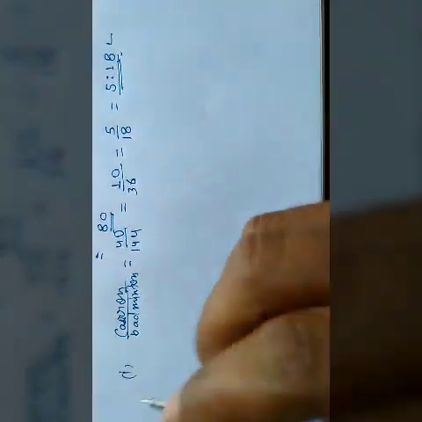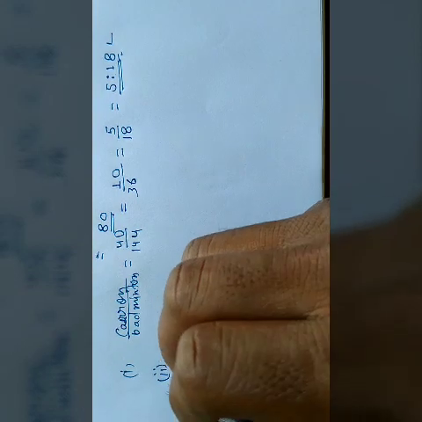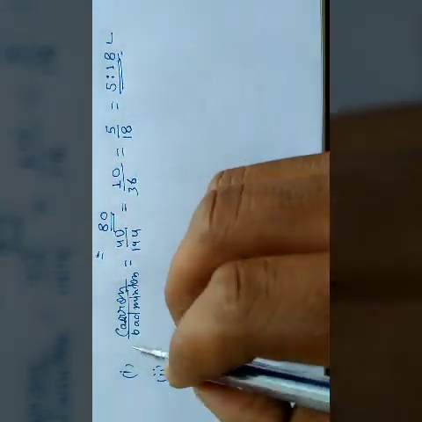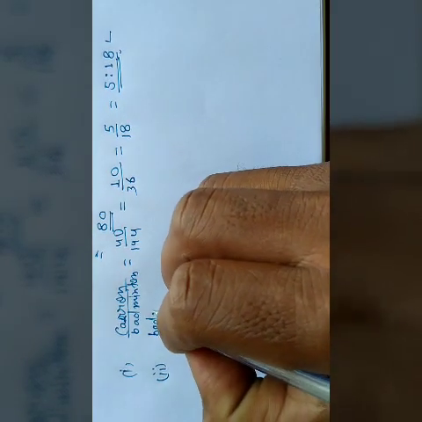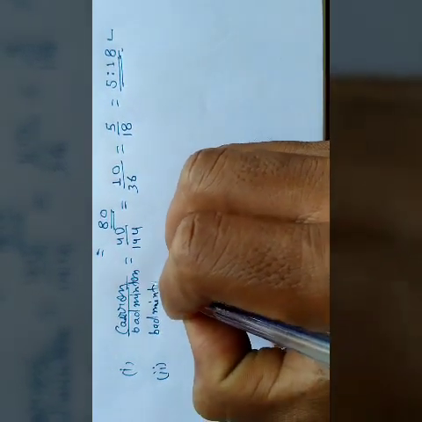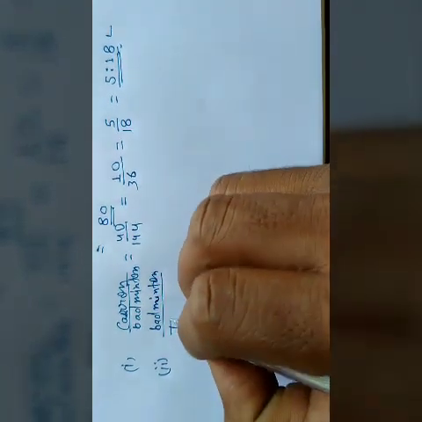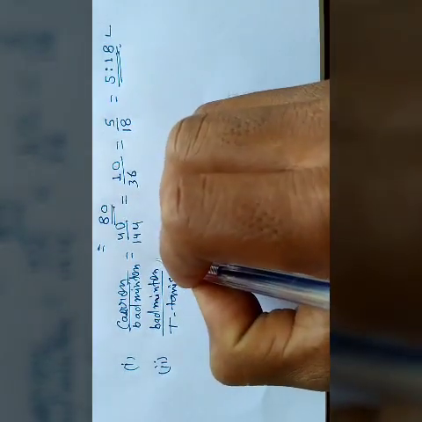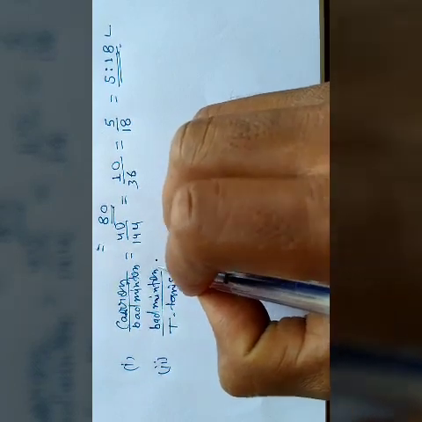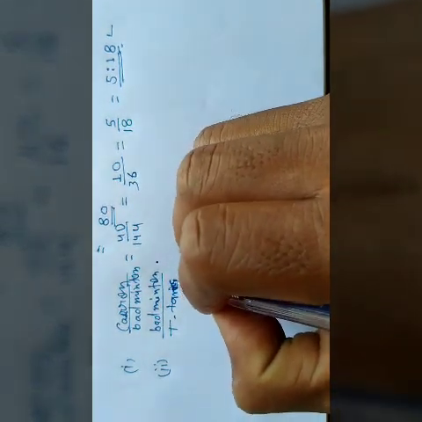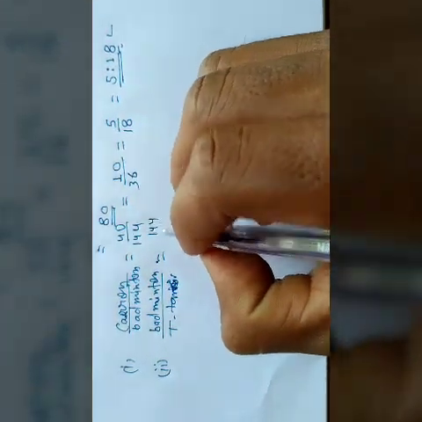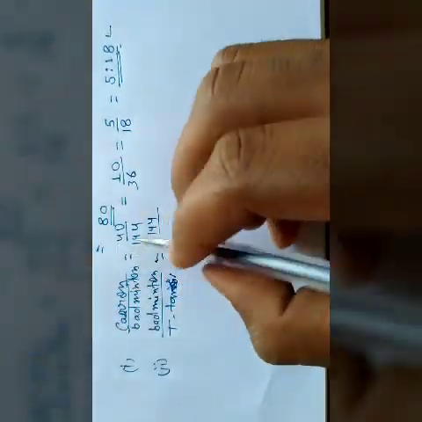Point 2, the second point is the number of those who play badminton to the number of those who play table tennis, means badminton to table tennis. Badminton to table tennis is equal to badminton 144, table tennis 96.